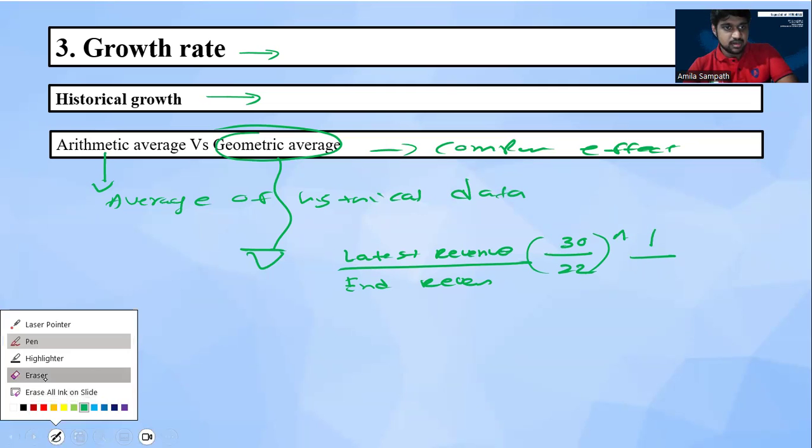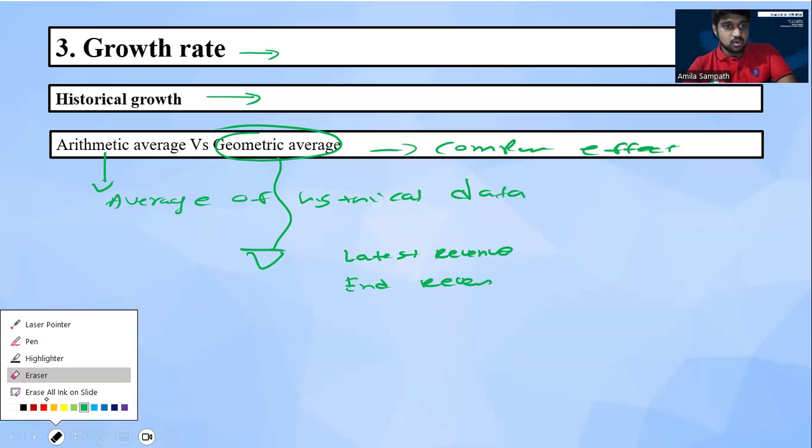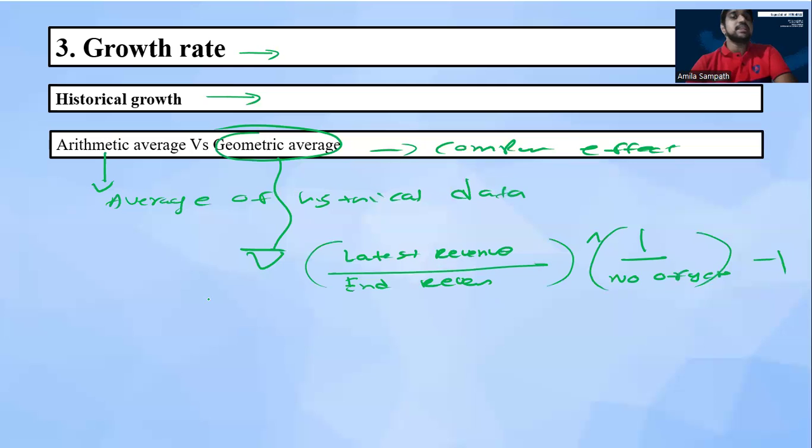First I write the formula: power of 1 divided by the number of years, and from this we need to deduct 1. Then we can get the geometric average. With this formula, we can account for the compounding effect, and we can get a more accurate answer.